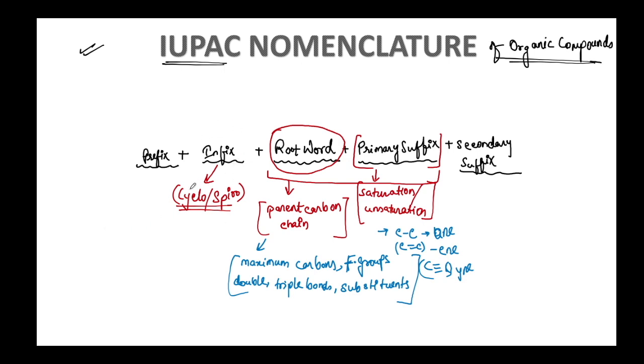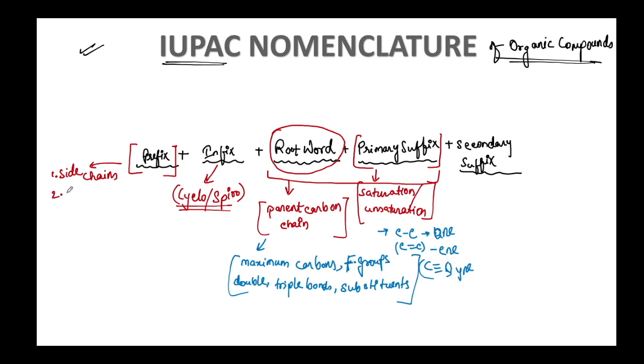So this is optional. What about prefix? Prefix is very necessary when you have substituents. So when do we use the prefix? We use the prefix when we have side chains to our molecule, some other branching carbon chain like that.